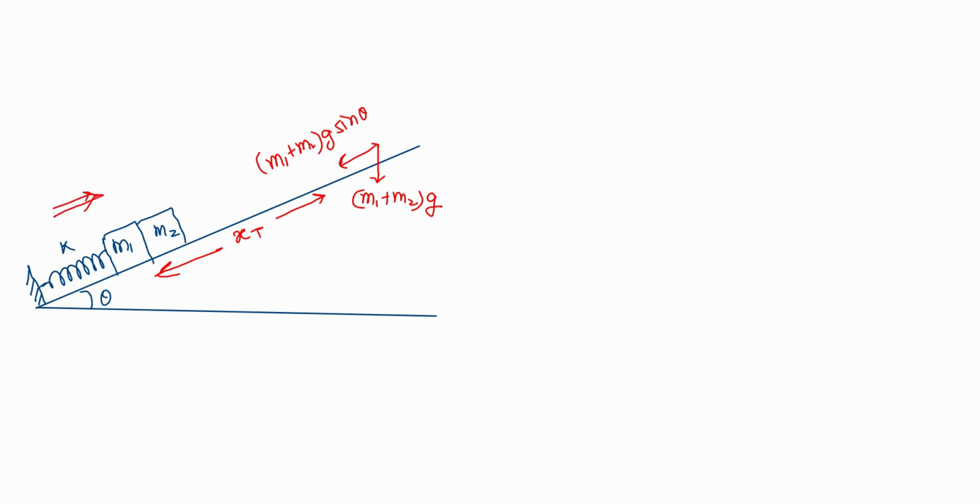So the speed which it attains, that is the kinetic energy, half (m1 plus m2) v square at the natural length mark, is because of half k x square, and some amount is spent in overcoming gravity, which is (m1 plus m2) g sin theta multiplied by the total extension xt, the distance it traveled along the incline.